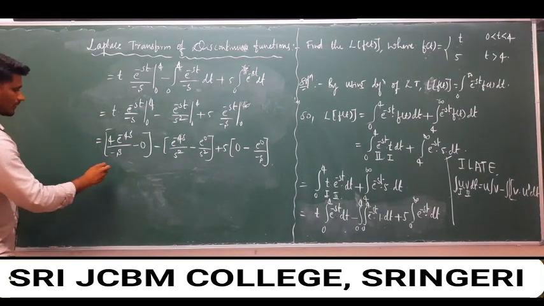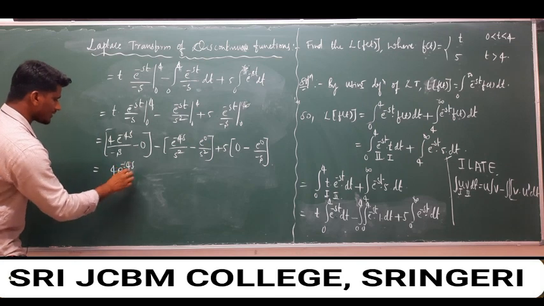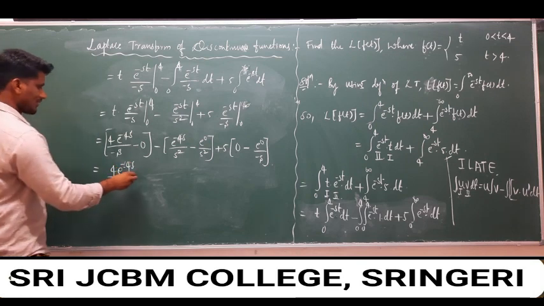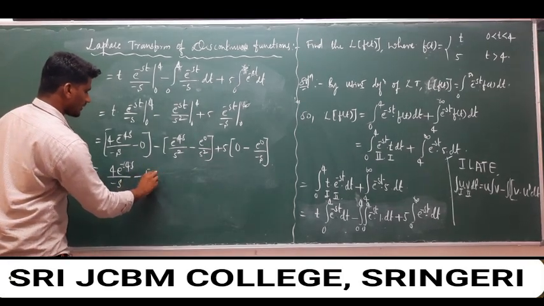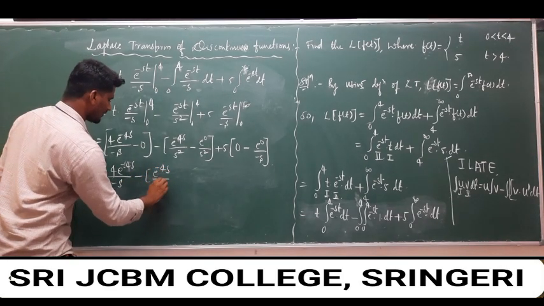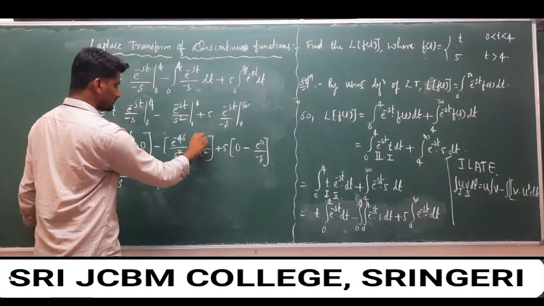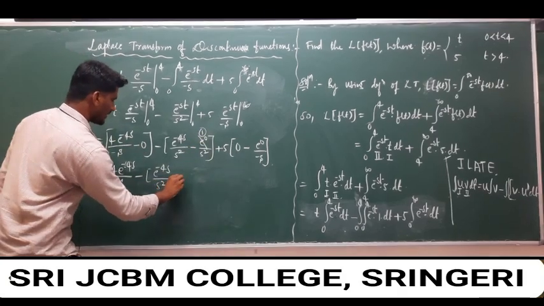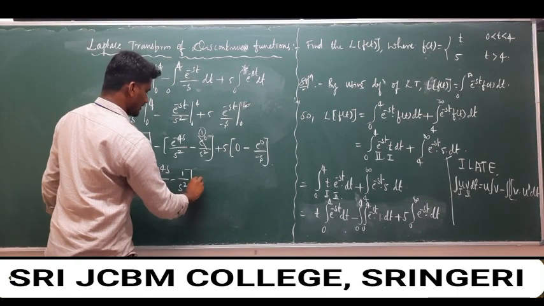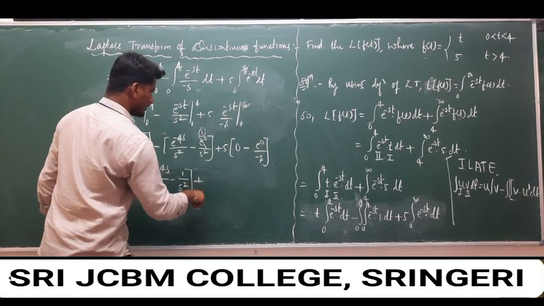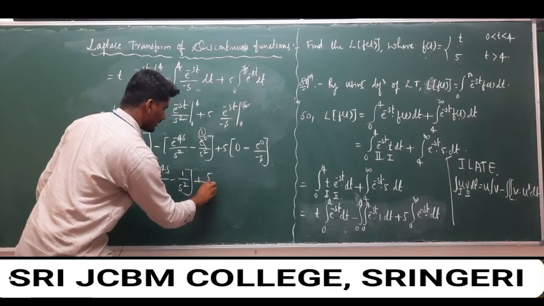So simplify it: 4 times e to the power minus 4s divided by minus s, and minus of e to the power minus 4s divided by s square, and e to the power 0 value is 1, so minus 1 over s square, and plus 5 divided by s e to the power minus 4s.